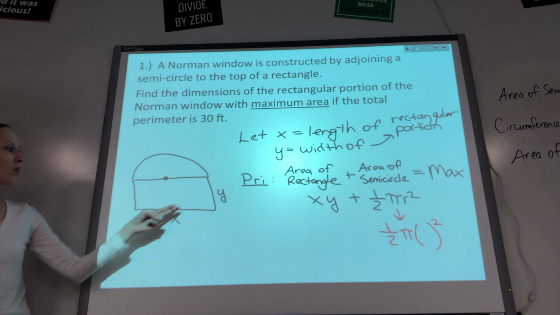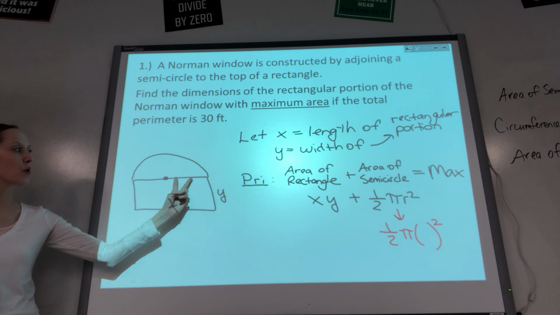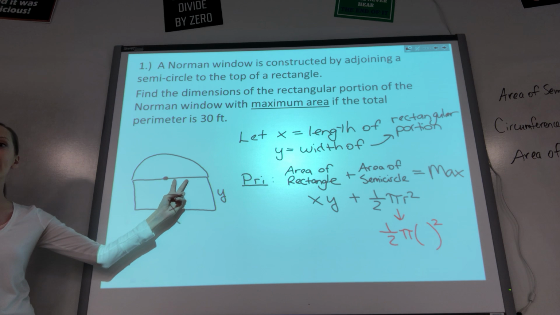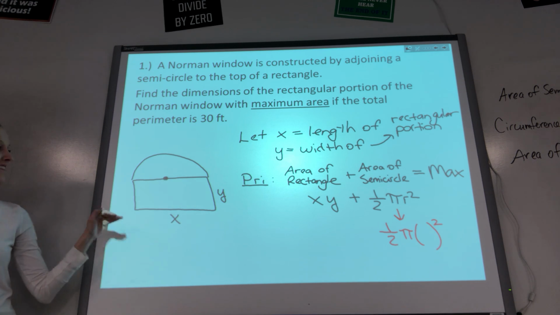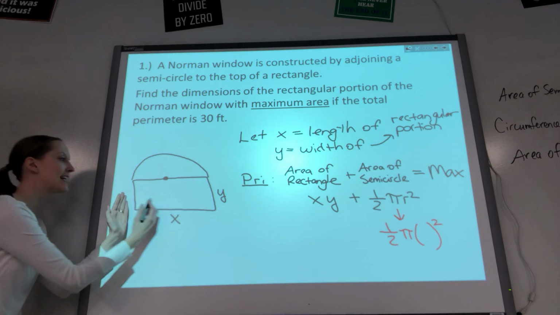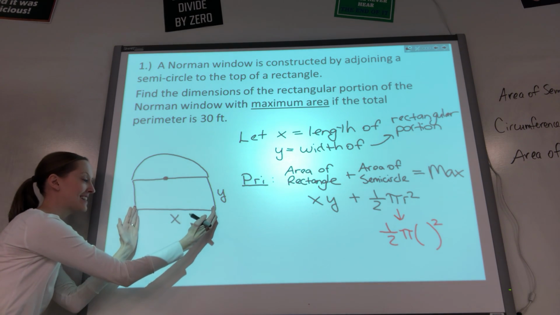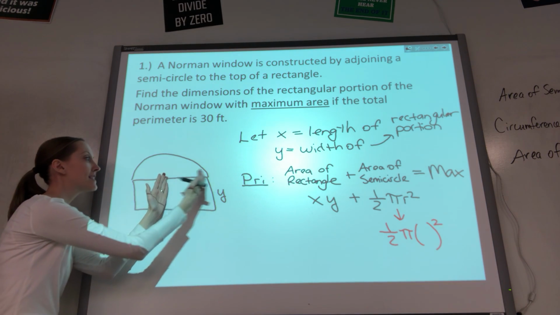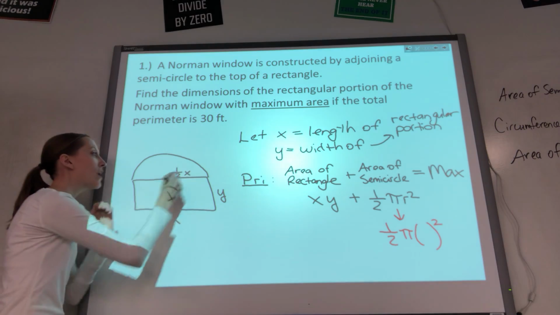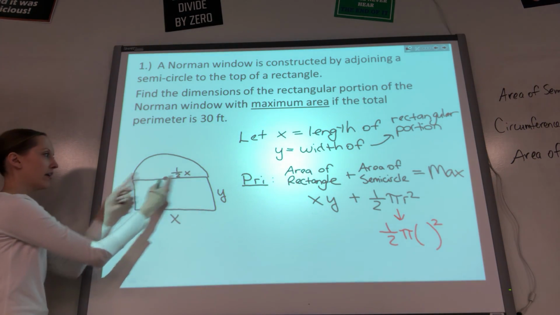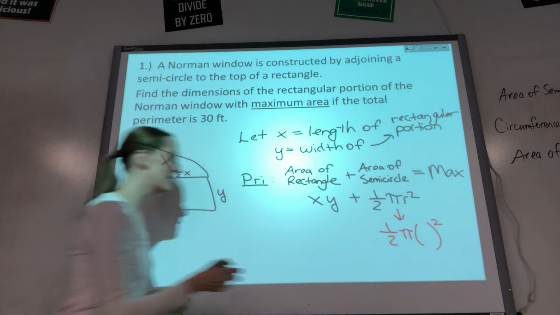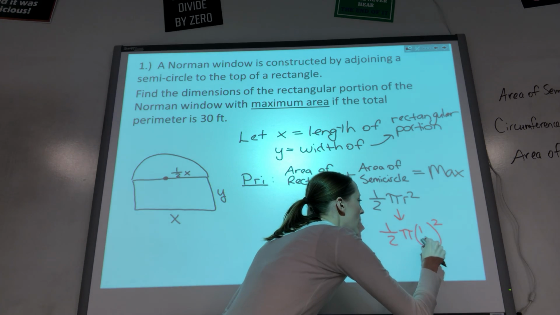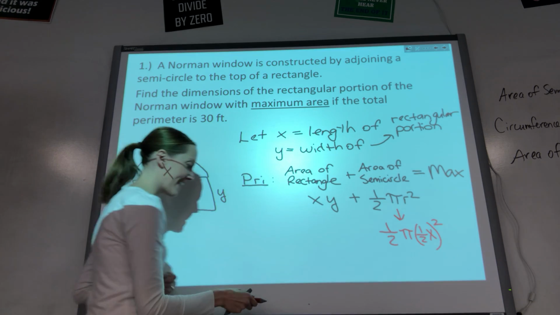Anybody know, based on what we have here, what expression could represent the radius? 1/2 x. This whole length is x. So if you want just half of that, the radius, and you could do it here or there, doesn't matter, the radius is actually 1/2 x.